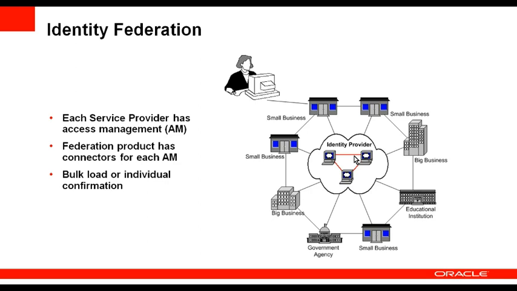But it's certainly a concern when you're introducing federated systems: how does that centralized identity provider know about all the users on your system? And that's done typically by an export of metadata from the access management system to the federated identity system.